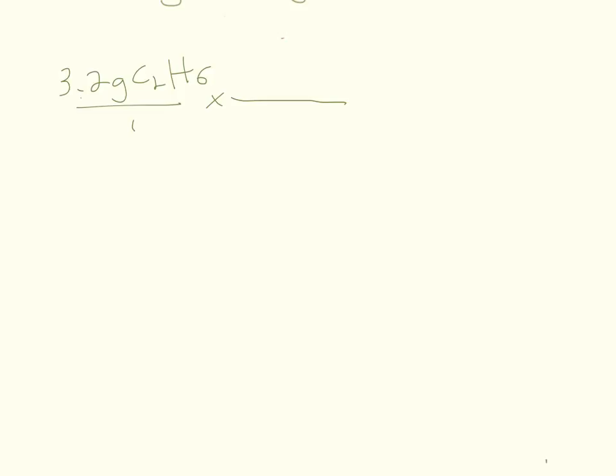The formula mass of C2H6 is 30 grams per mole, but I want to get rid of the grams. So I want grams of C2H6 on the bottom, and I want moles of C2H6 on the top. And that relationship is 1 mole per 30 grams, that formula mass. That's going to get me to moles of C2H6.